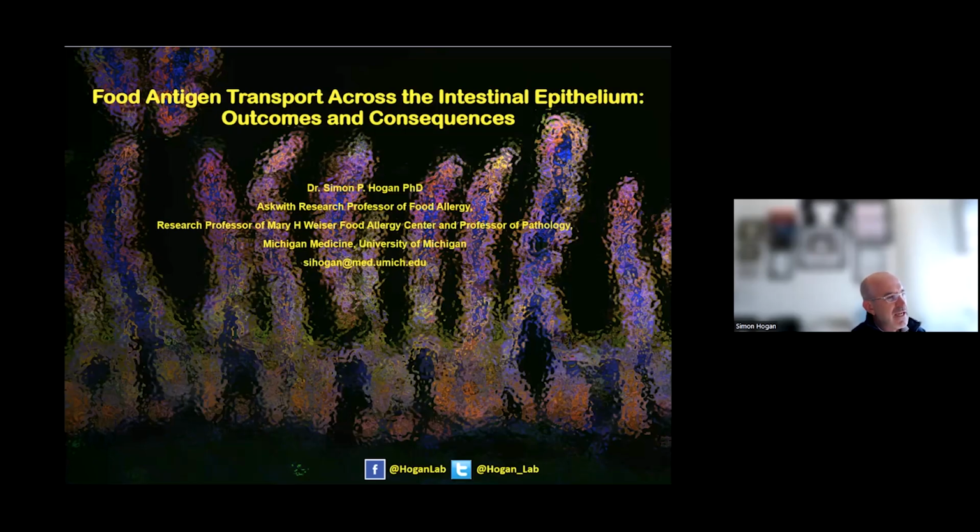What I'm going to do today is describe to you some work we've been doing, where we've been investigating what we initially thought would be a simple process, but worked out to be more complicated: the mechanism by which food antigens actually cross the intestinal epithelium, and what are the consequences of these antigens crossing the epithelium in normal healthy individuals, and also in food allergic individuals.